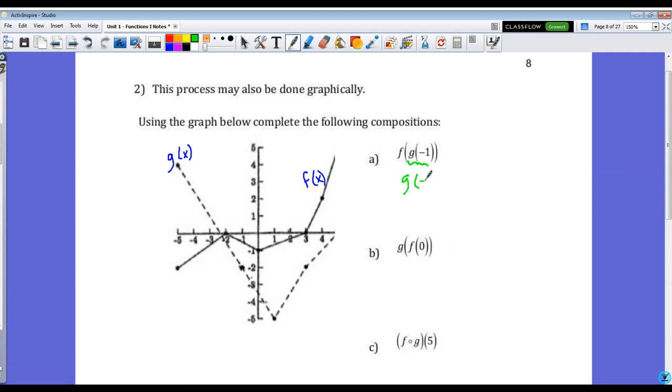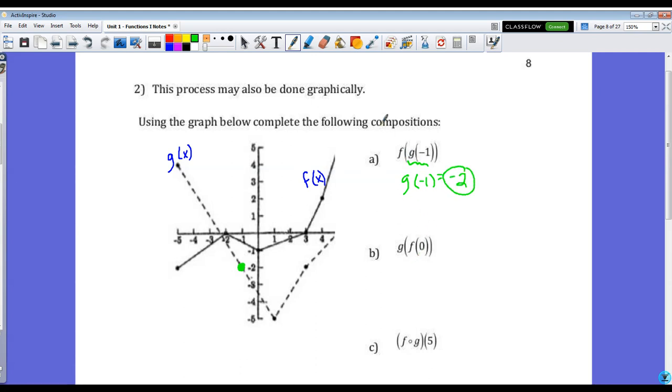We can just evaluate g of negative 1. So this is saying when the x value is negative 1, what is the y value for my g of x function? So g of x, my dashed line, here's negative 1. So g of negative 1, when the x is negative 1, my output is negative 2.